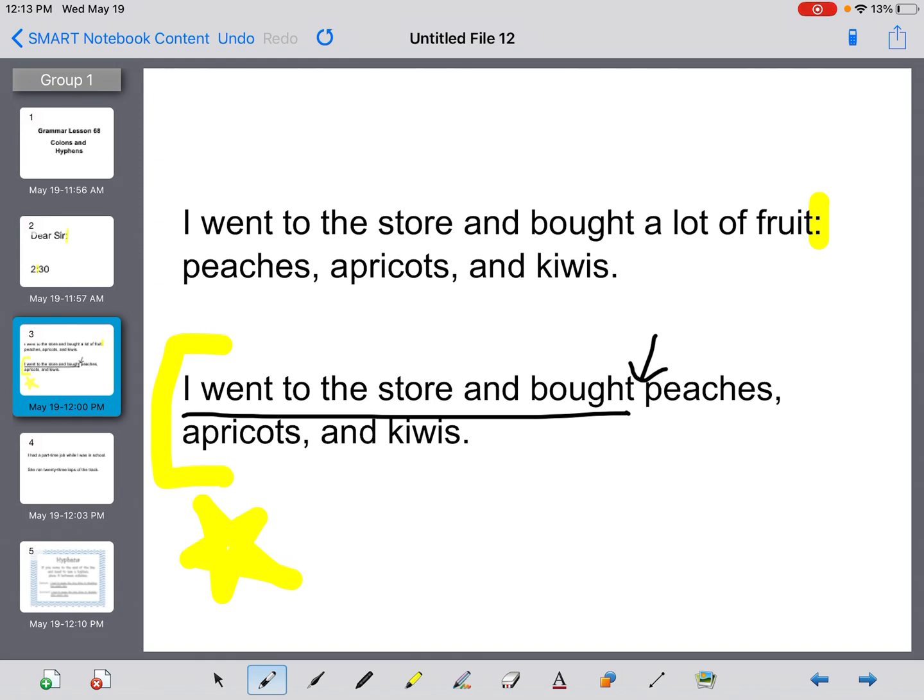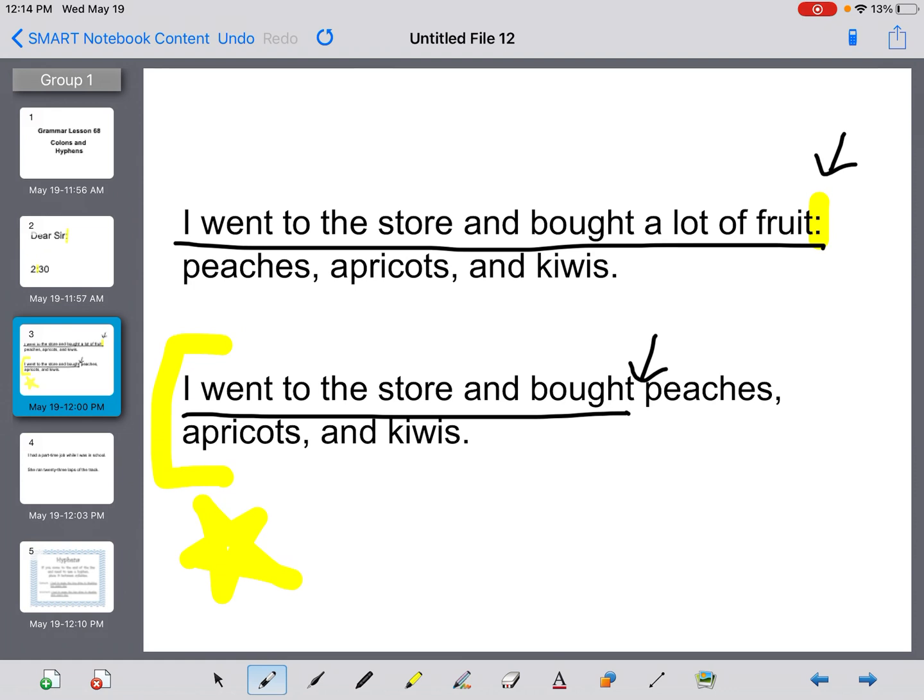You have that question in your head as a reader. So it can't be considered an independent clause. And if it's not an independent clause, you don't use a colon, you just go straight into your list. However, in the first example, "I went to the store and bought a lot of fruit" could stand on its own as an independent clause. So in that case, you use a colon.